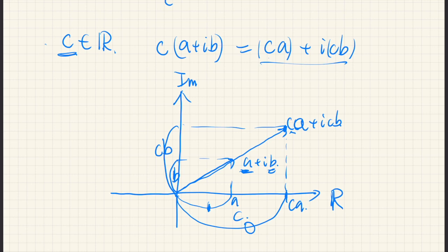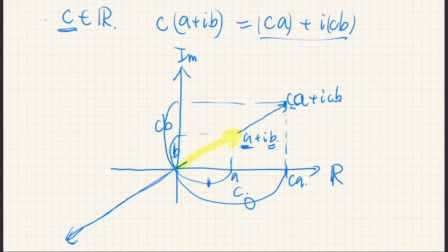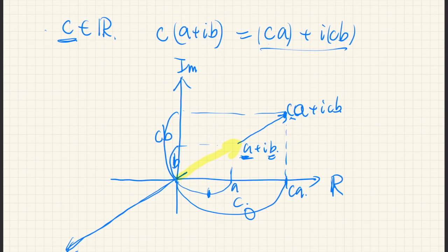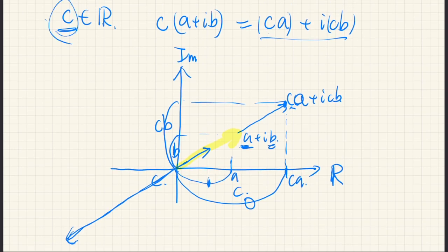If c is negative, then it goes in the opposite direction, but on the same line as the original arrow. And if the absolute value of c is less than 1, then this arrow shrinks. But anyway, the ratio is still c. So c is the ratio of the lengths between the original and the resulting arrow.